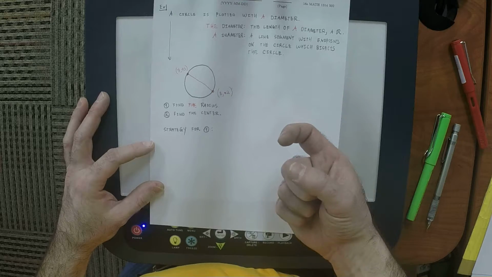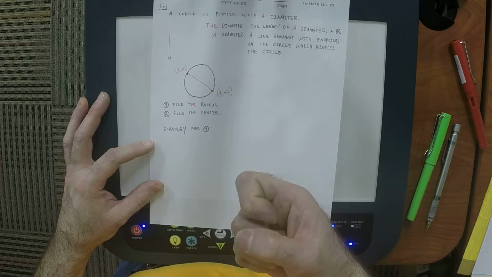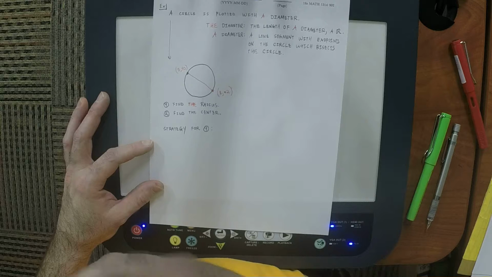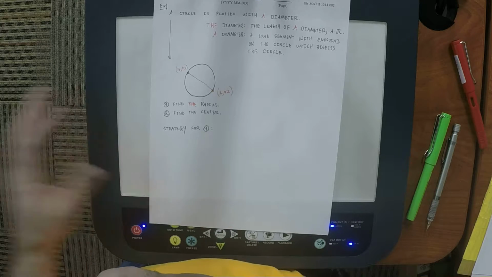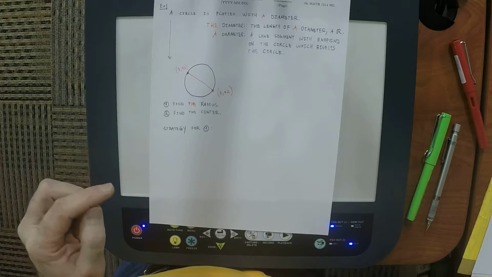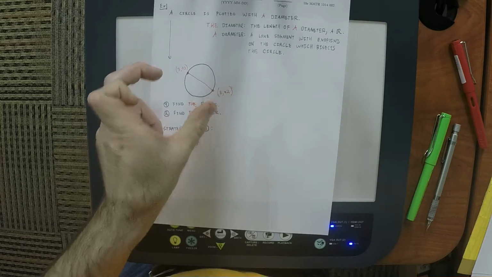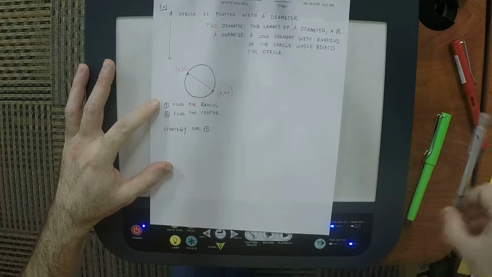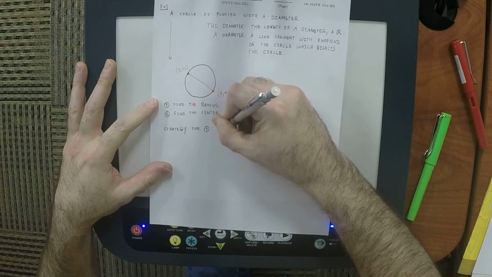So we could use the distance formula. Would that give us the radius? It would give us the diameter. So we would use the distance formula to compute the diameter.